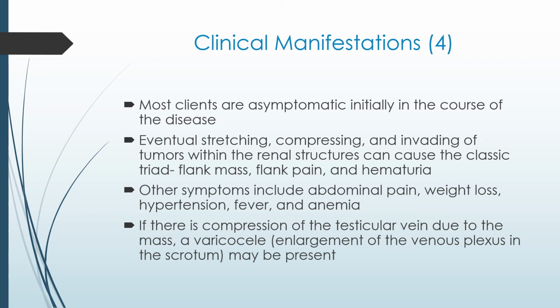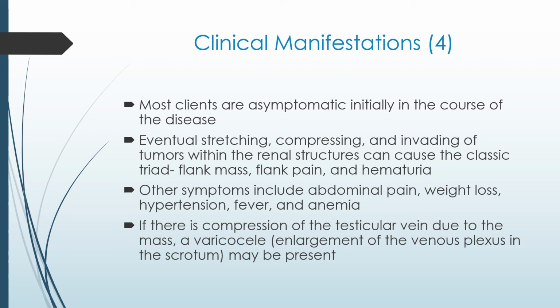Clinical manifestations. What are we going to see? What is your client going to say? Well, most clients will be asymptomatic initially in the course of the disease. Eventual stretching, compression, and invading of tumors within the renal structure will cause the classic triad: flank mass, flank pain, and then hematuria.